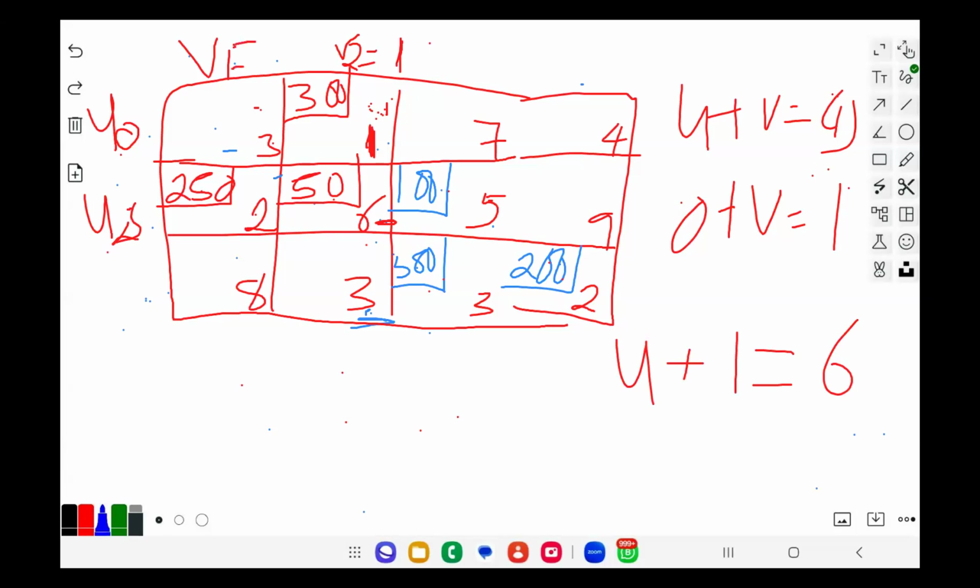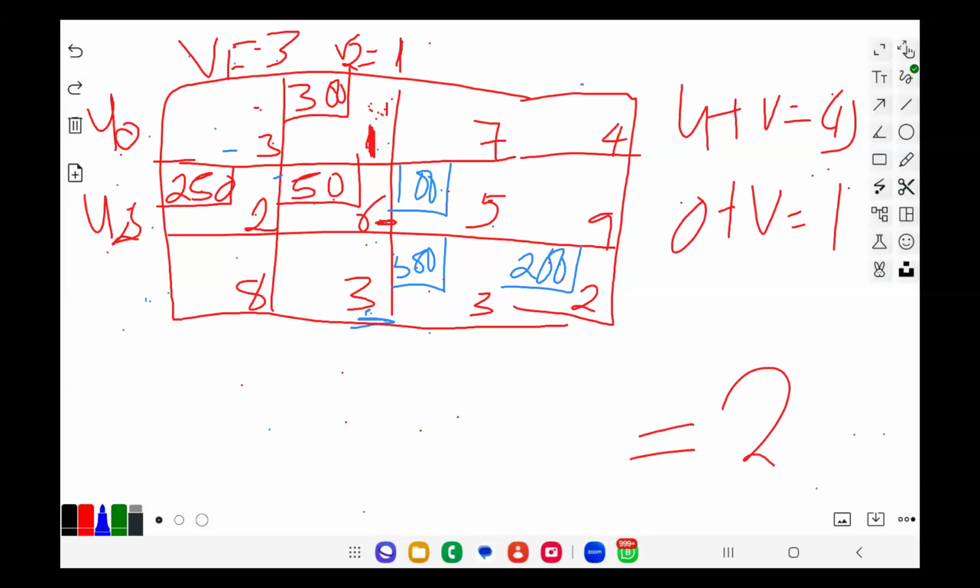Now, if our U is 5, to get 2 here, what will be our V1? We are looking at this cell where there is 250. So it will be 5 plus V equals 2, so it will be -3.